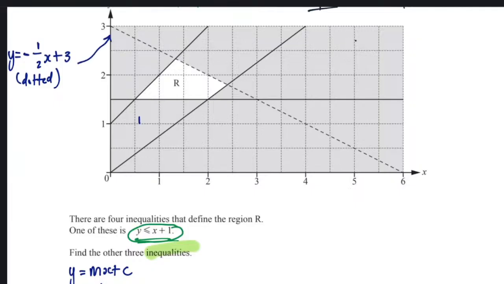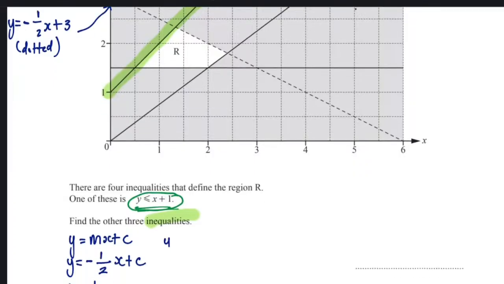Then for this one, you already know. They said, hey, we have given you the inequality. Look for the line which was y equal to x plus 1, so that you know it's the one they've already done for you. Here you can see that if I were asked, please find the equation of this line, I would just say y is equal to, here I see that it goes corner to corner, so I don't even need to put mx.